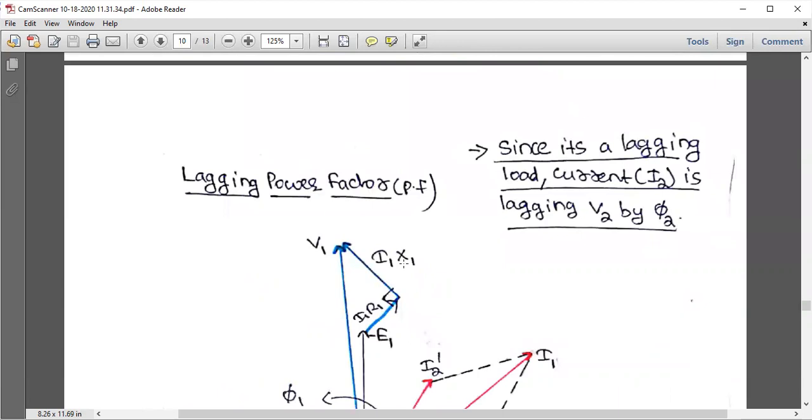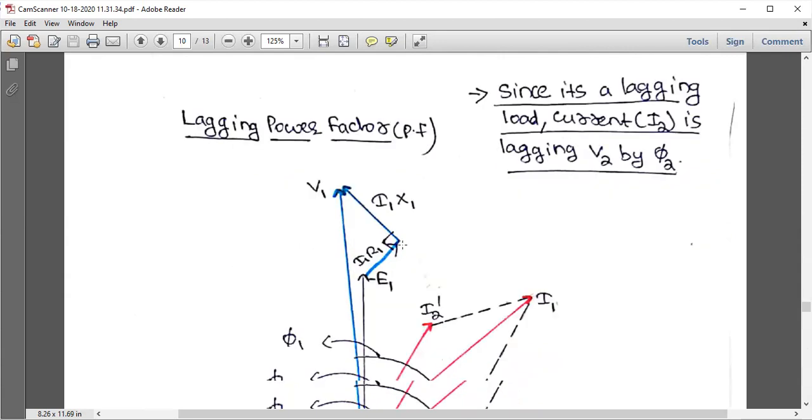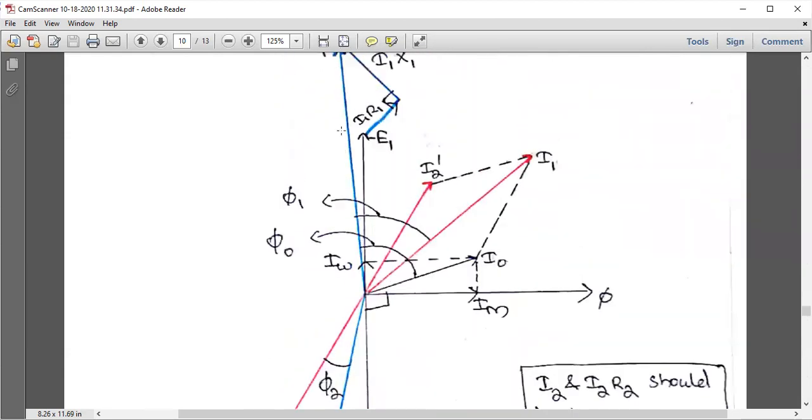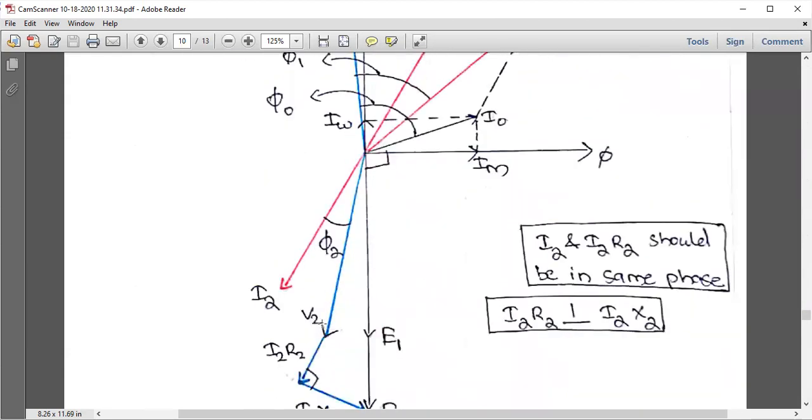This is a very important question, and even a previous year university question. That is the phasor diagram of a practical transformer in case of an inductive load. Remember, inductive load, that is current will be lagging the voltage. Okay, so apart from the drawing in blue, everything else is familiar for you.